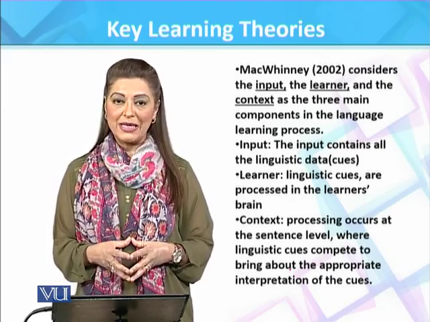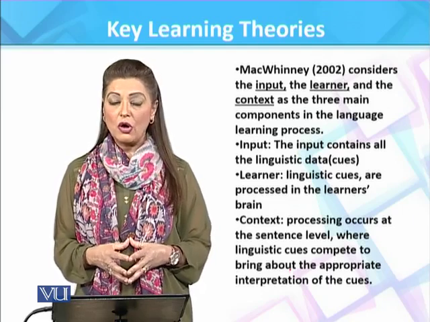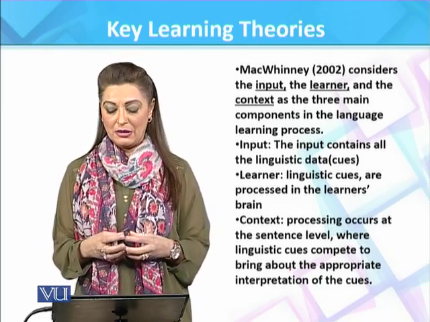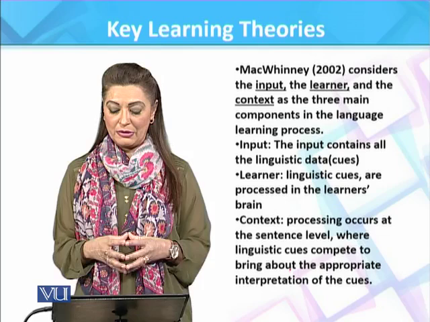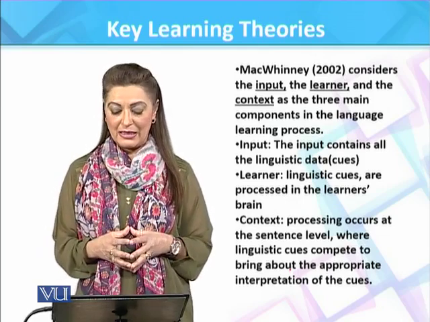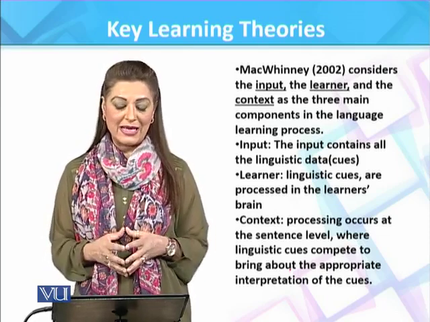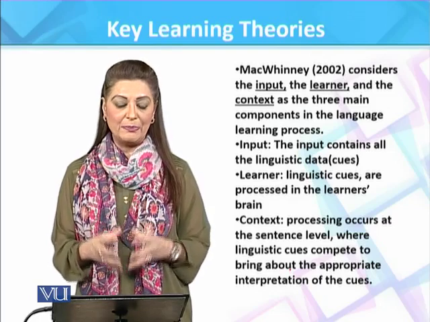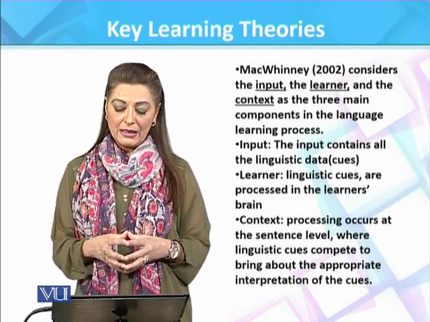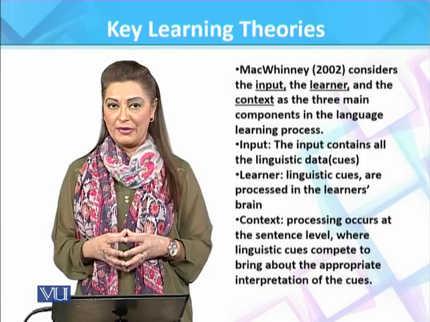With regard to input, it is the factor that contains all the linguistic cues, which means the complete database of the factors which constitute one's linguistic understanding. It can be morphemes, it can be phonemes, gestures as well. So basically, the complete linguistic data. Linguistic cues are processed in the learner's brain.